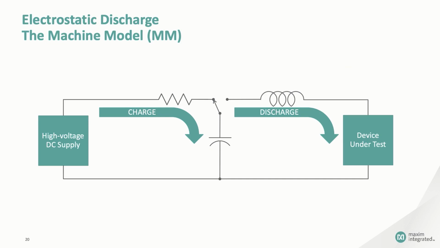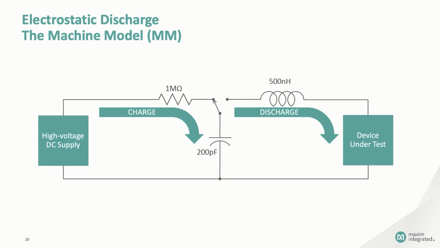At first glance, the machine model test arrangement looks a lot like the HBM and the AGM configurations. A high voltage source charges a capacitor, which is switched to dump the charge onto the device under test. The difference here is that instead of a resistor, the discharge occurs through a 500 nanohenry inductor.